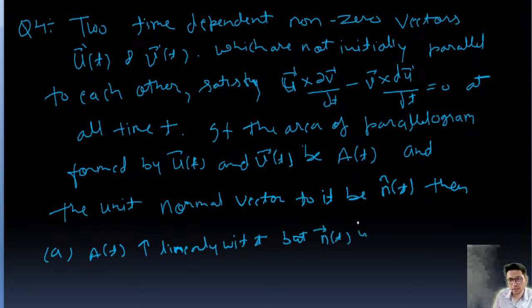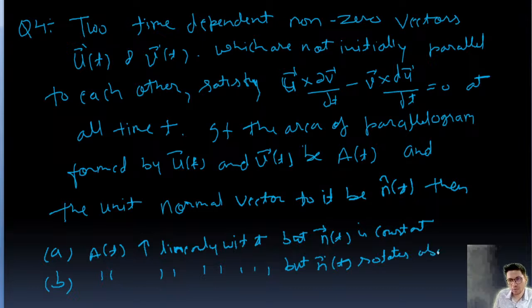Option B is A(t) increases linearly with t, but n(t) rotates about u cross v. Okay, these are functions of t, guys.